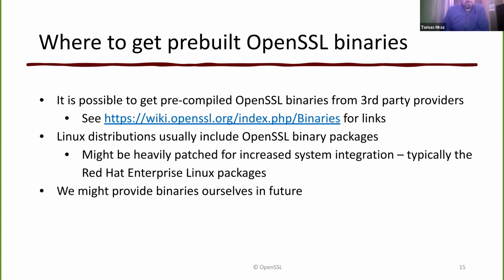Of course, Linux distributions usually include OpenSSL binary packages, but they might be heavily patched for increased system integration. Typically, the Red Hat Enterprise Linux packages or Fedora packages are very heavily patched, less heavily currently than before, but still quite significantly.